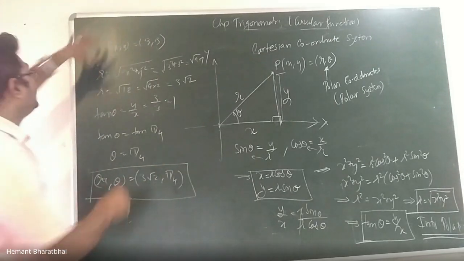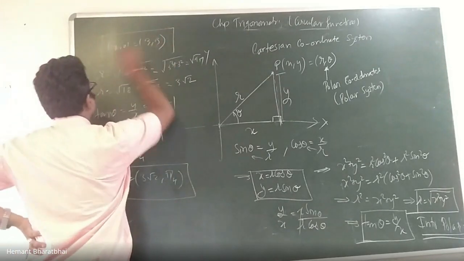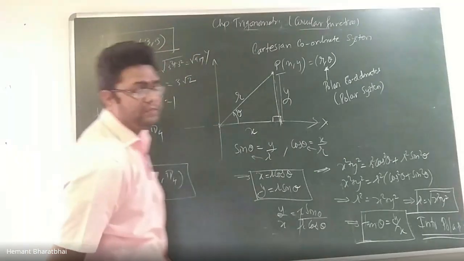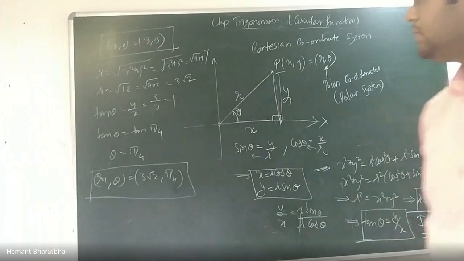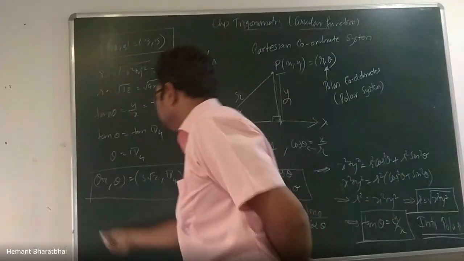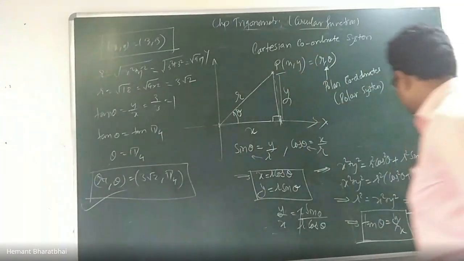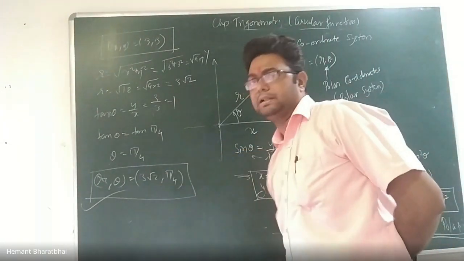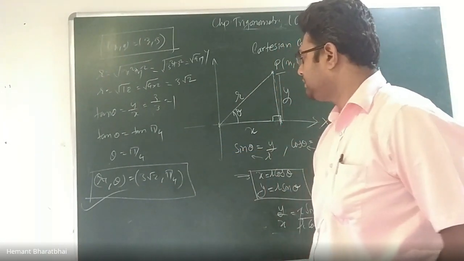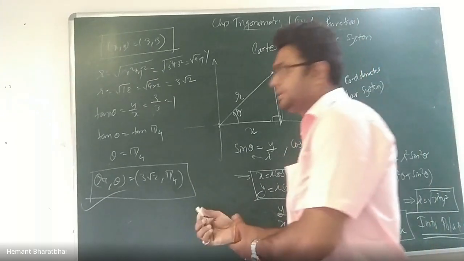So the point which in the Cartesian plane was 3 comma 3, if I want to write in the polar system, I used this formula and converted into the polar system. I got the value of r and theta as 3 root 2 comma pi by 4.